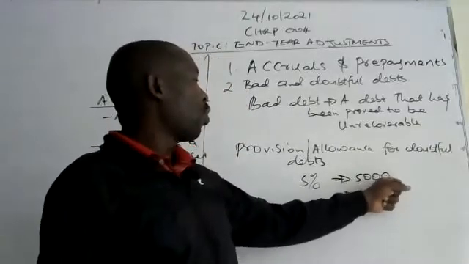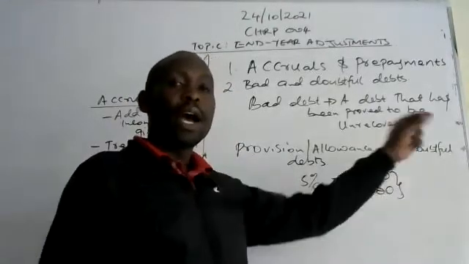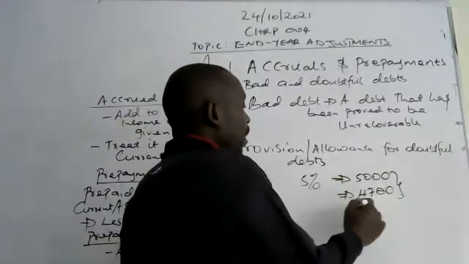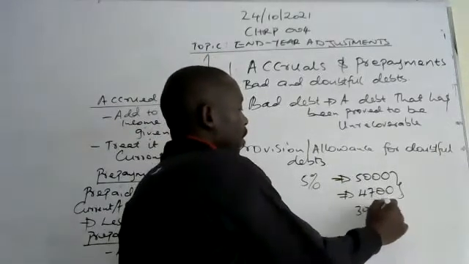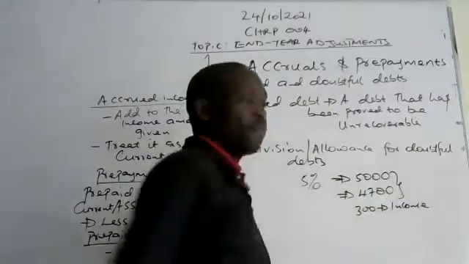So there is what we call decrease. The provision has decreased. You had made a higher provision than the actual. So this 300 is going to be considered as income to the business.